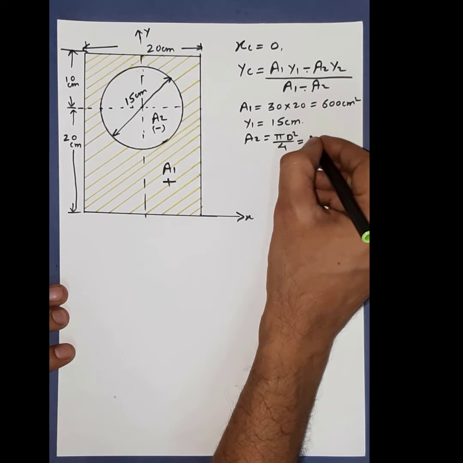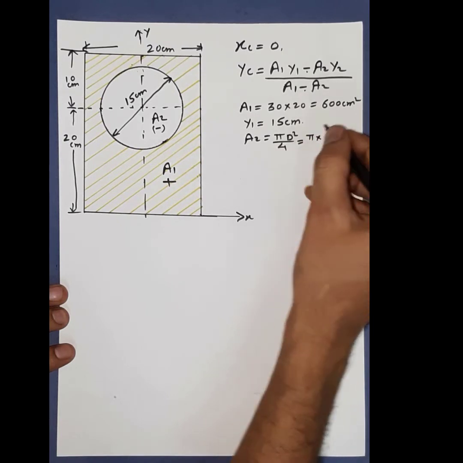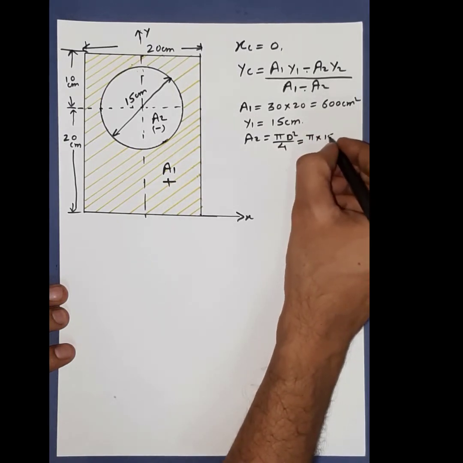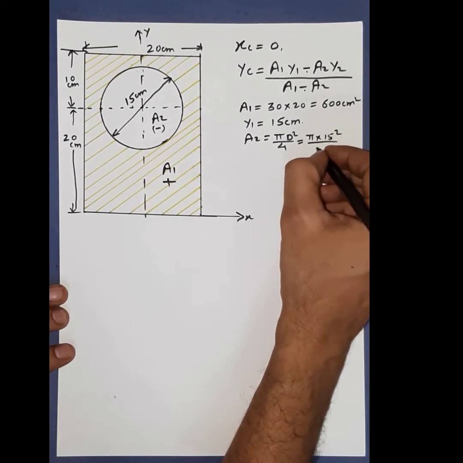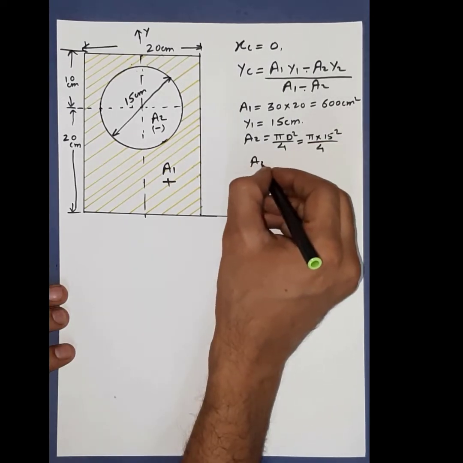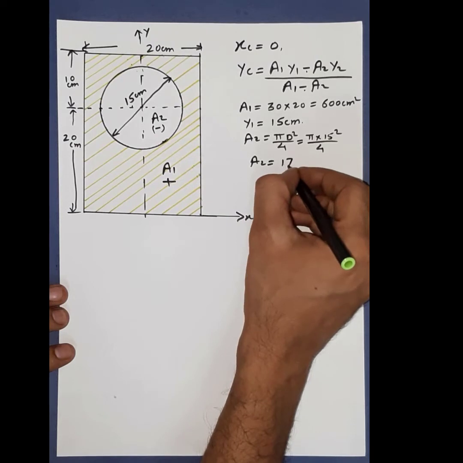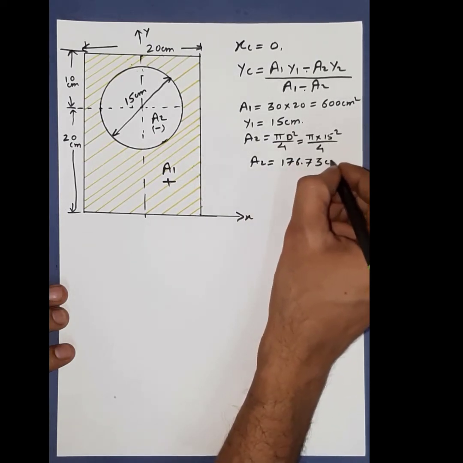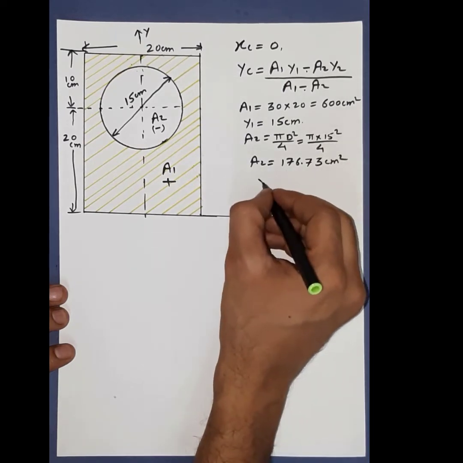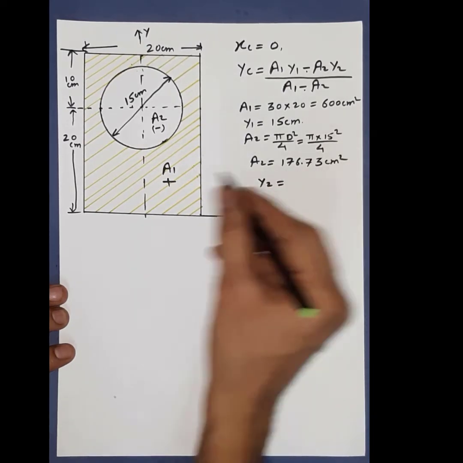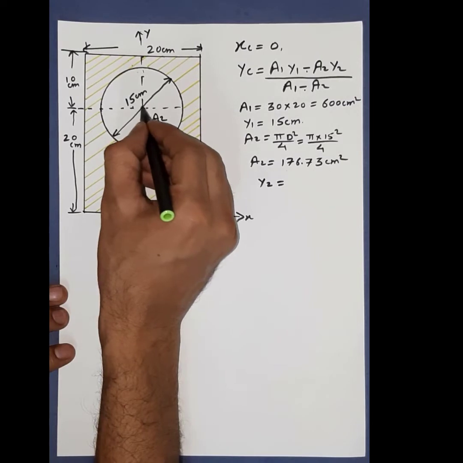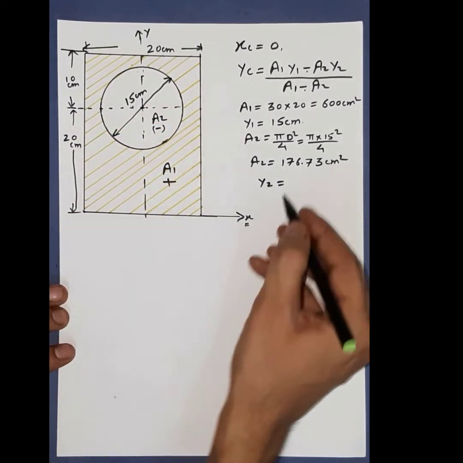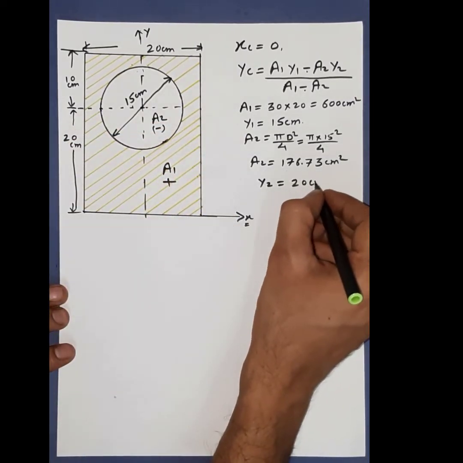The diameter is 15 centimeters, so 15 square divided by 4, and the value of A2 will be 176.73 centimeter square. The value of y2 is directly given here: the center of that circle is 20 centimeter above this reference x-axis, so y2 is 20 centimeter.